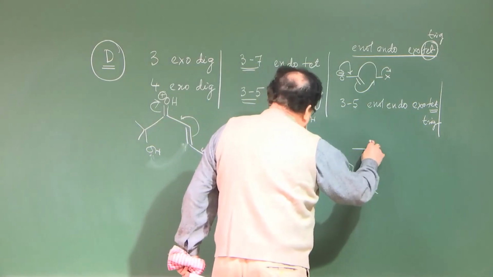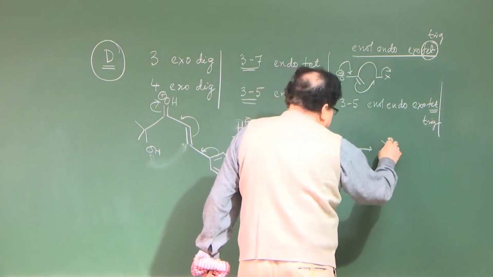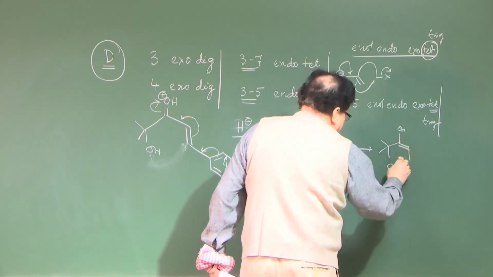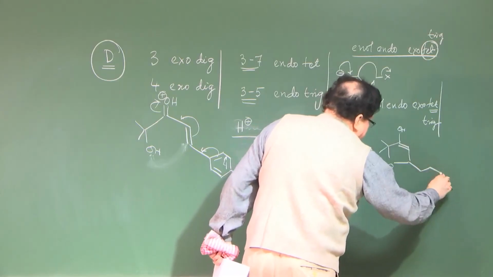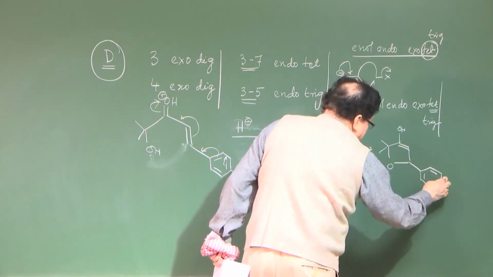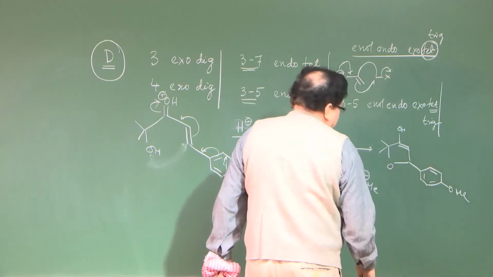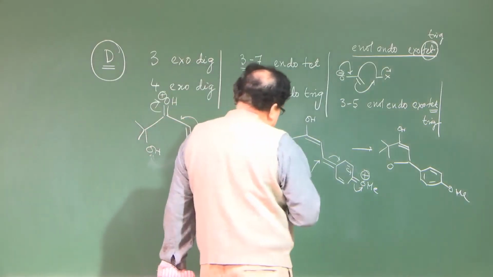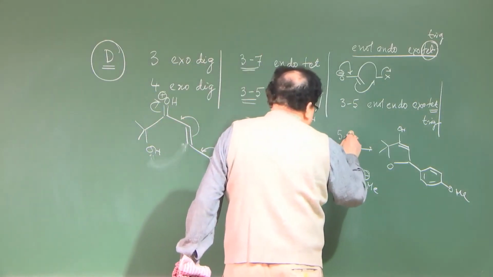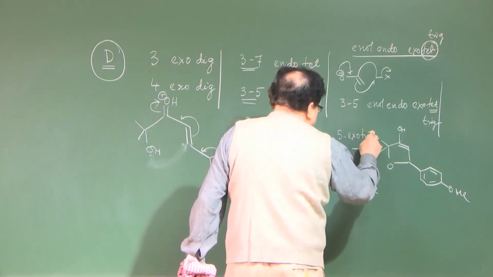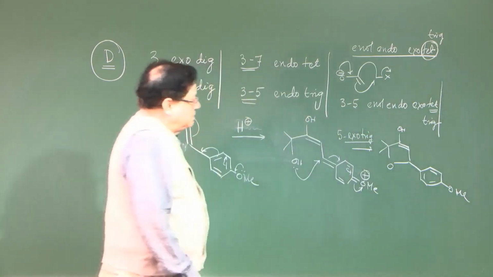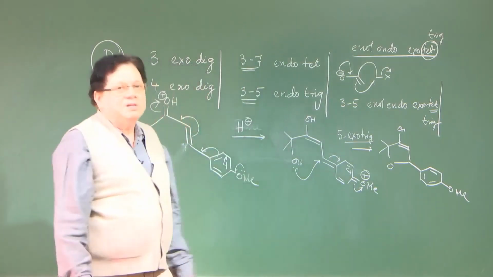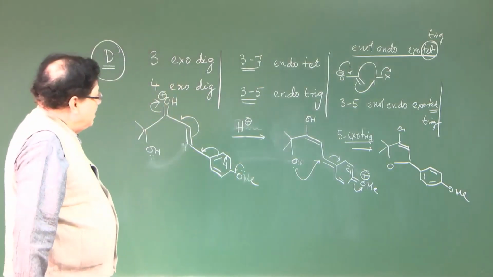So, this will generate the anticipated 5-membered ring, and this cyclization you can now classify as 5-exo trig, which is a favored process, because the rule is that 5-endo trig is not favored, but 5-exo trig is favored.